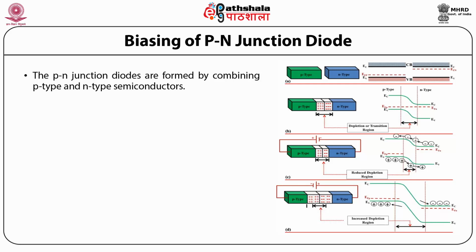Similarly, holes flowing towards N-type side will expose the P-type side by the negative charge or acceptor ions. These exposed charges will form an electrical potential which will oppose the natural migration of electrons and holes and result in an equilibrium situation.